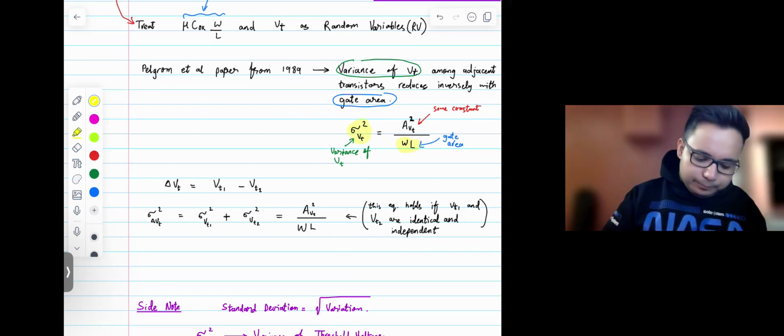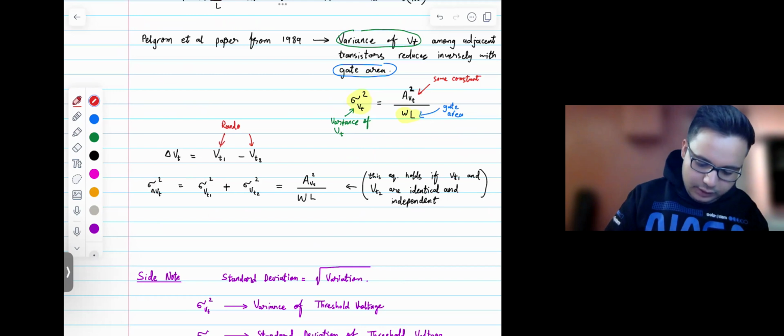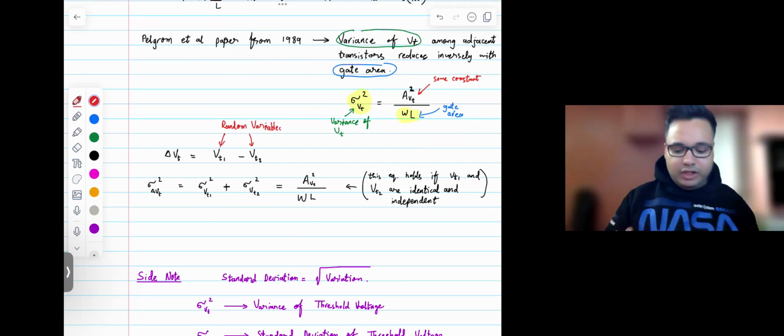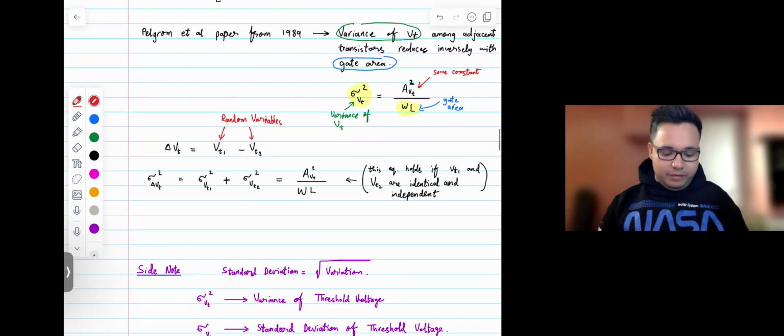All right, so again, let's talk about some things. If VT1 and VT2 of two transistors, let's say, are random variables, let me point this out. So the difference in VT1 and VT2 would be delta VT. That's also a random variable, by the way.